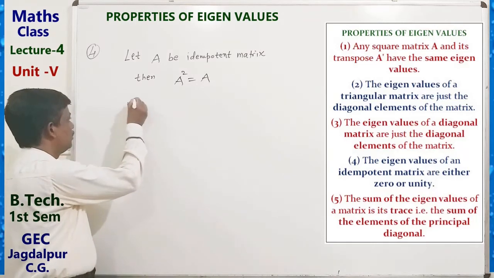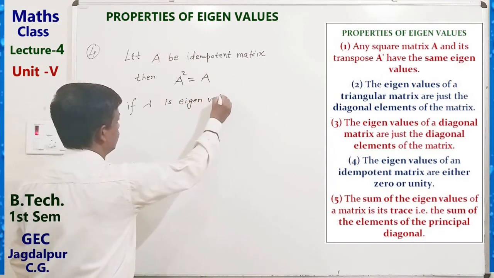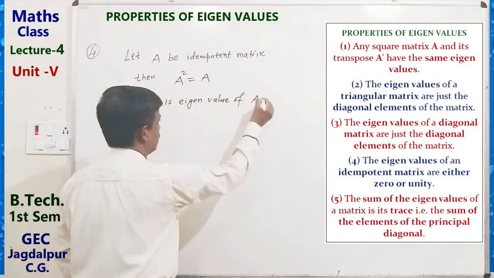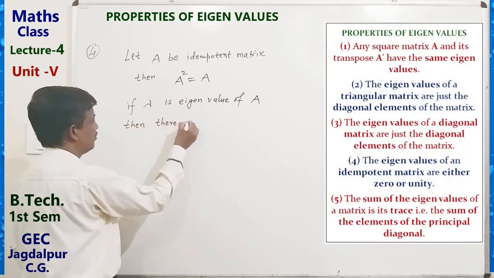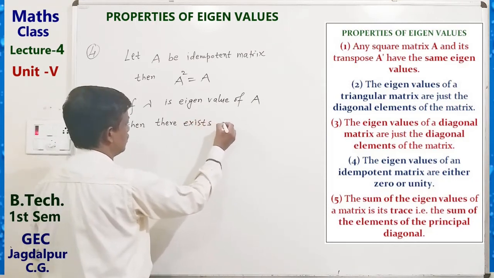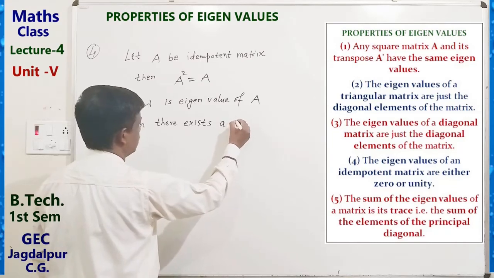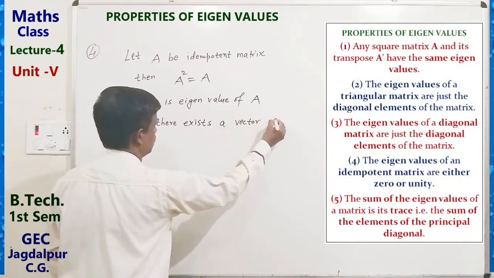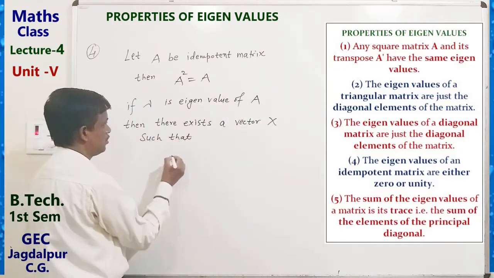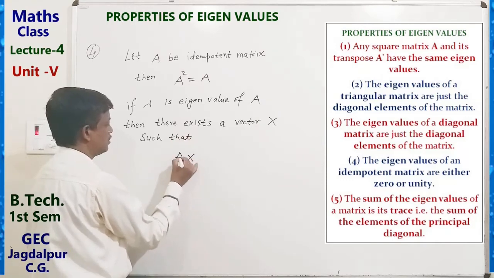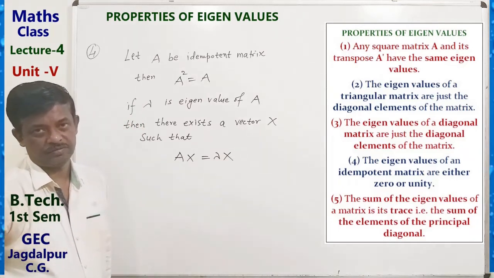If lambda is an eigenvalue of A, then there exists a vector x such that Ax equals lambda x. This is our rule.